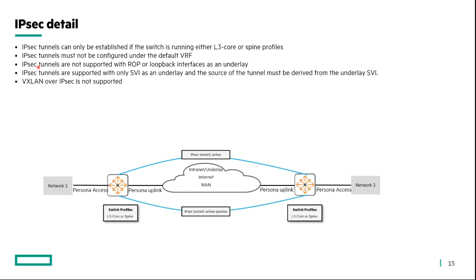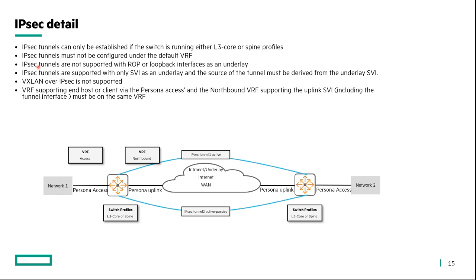VXLAN over IPsec is not supported. Now, when I say supporting the end host client by the persona access, this VRF and the northbound VRF containing the persona uplink, supporting the uplink SVI including the tunnel interface, must be on the same VRF, and that will be part of the configuration example I'll show you later.